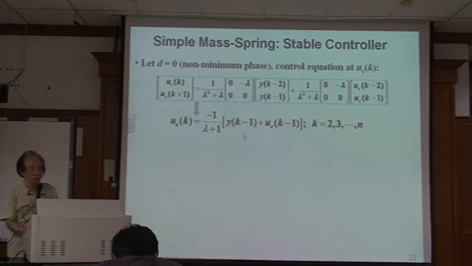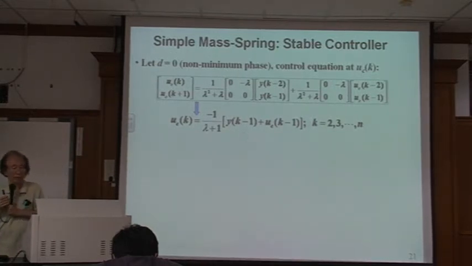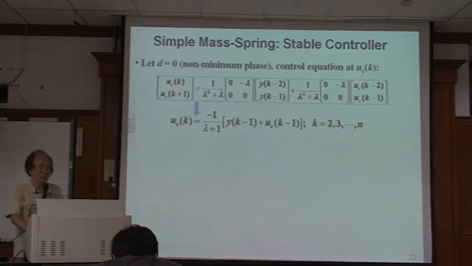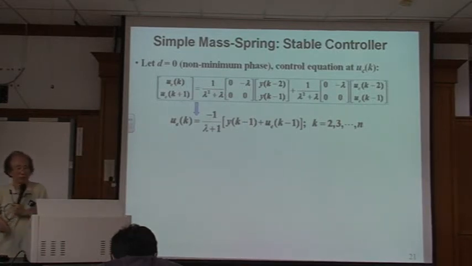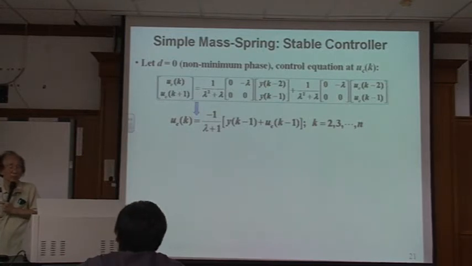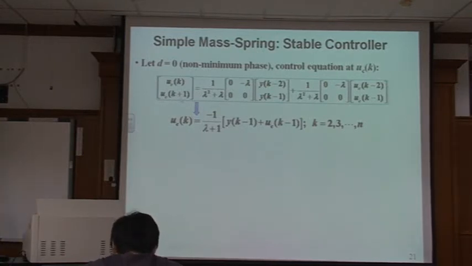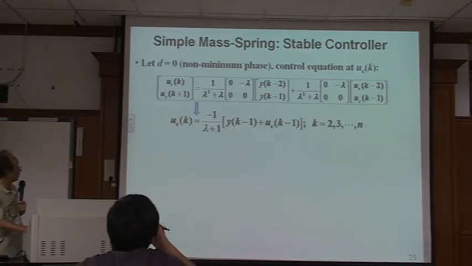Look at that, so simple. Now you might ask, why don't we use UCK plus 1? For this case, UCK plus 1 is just equal to 0. No UCK plus 1 is involved at all. But UCK equals this.